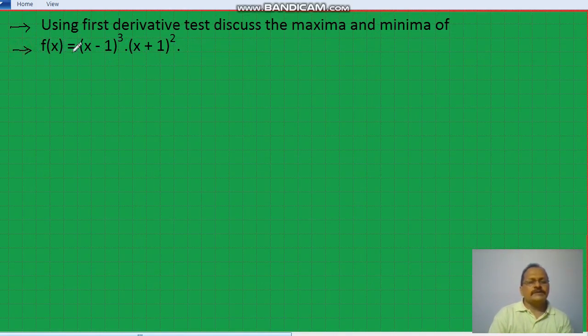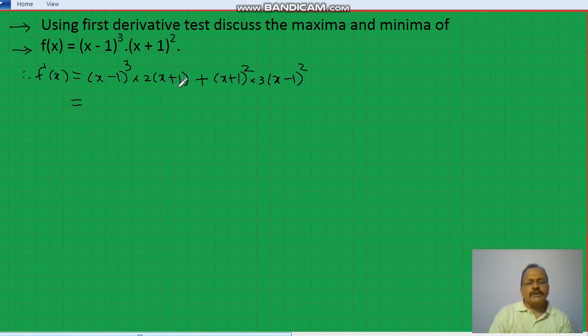We have f(x) is equal to (x minus 1) cube into (x plus 1) square, and therefore f dash x is equal to, I am going to use product rule and chain rule, (x minus 1) bracket cube as it is, derivative of (x plus 1) square, 2 into (x plus 1) into derivative of (x plus 1) is 1, plus (x plus 1) square as it is, derivative of (x minus 1) bracket cube is 3 into (x minus 1) bracket square into derivative of (x minus 1) is 1.